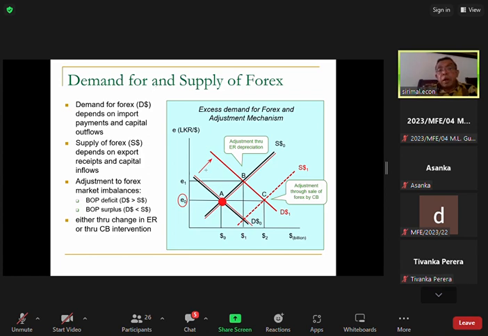We shift the demand line to the right. So you can see the red line, and the market adjustment is the movement to point B. That means our exchange rate should depreciate. Depreciation is going in the upward direction, meaning the number of rupees per dollar increases.